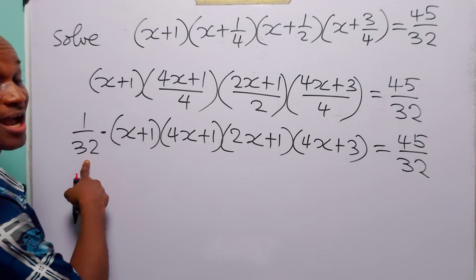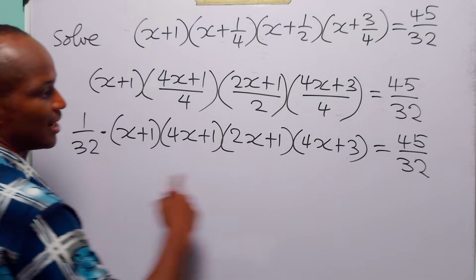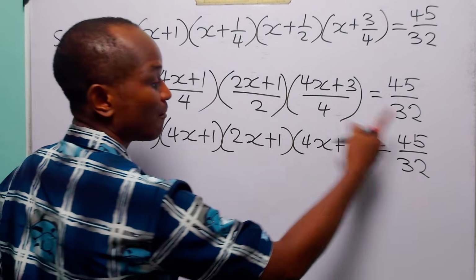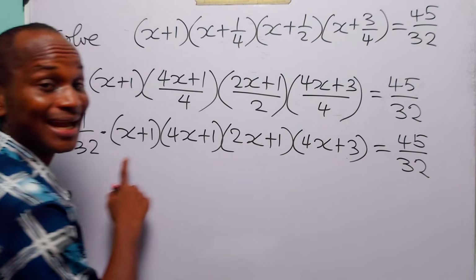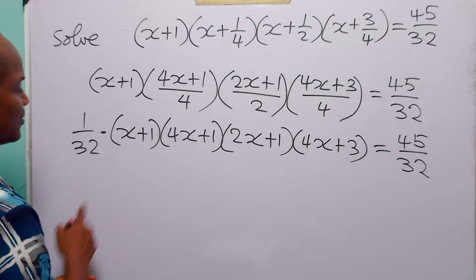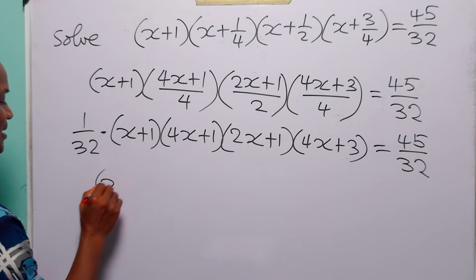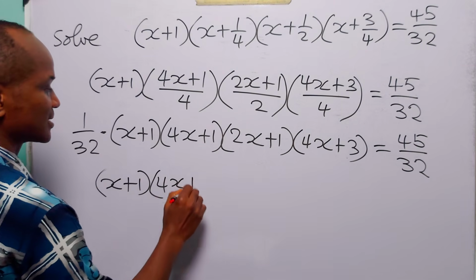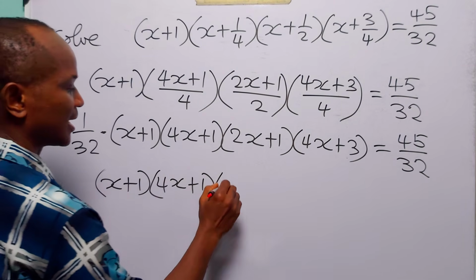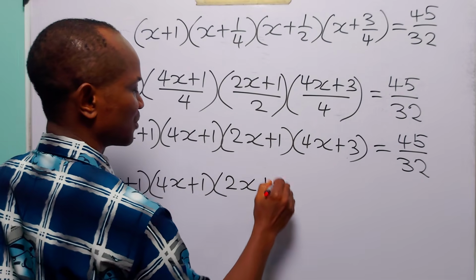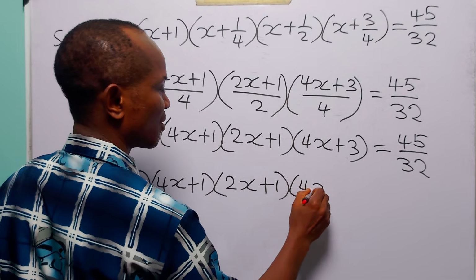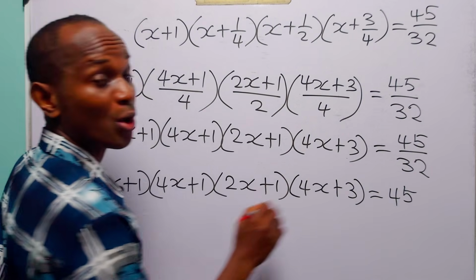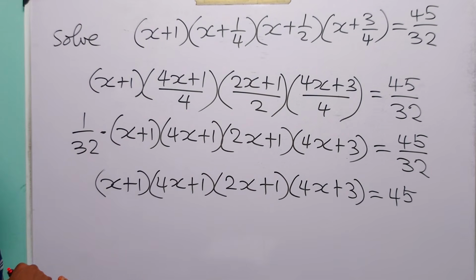Now, notice that we have 1 over 32 here, and we have 45 over 32 here. So we can multiply both sides of this equation by 32. When we do that, we have (x plus 1)(4x plus 1)(2x plus 1)(4x plus 3), and this is equal to 45.